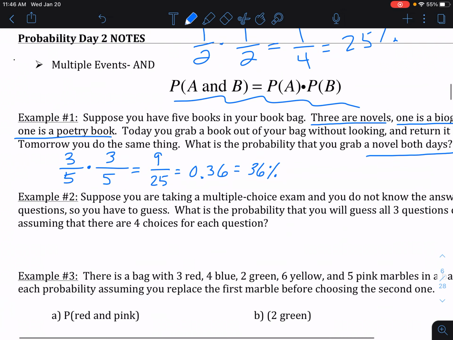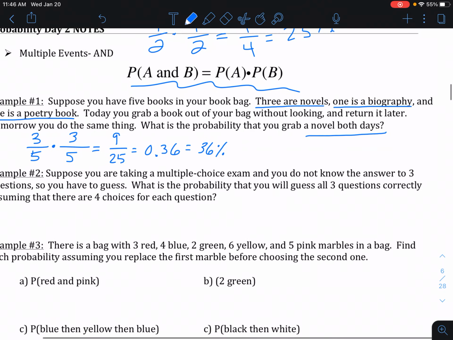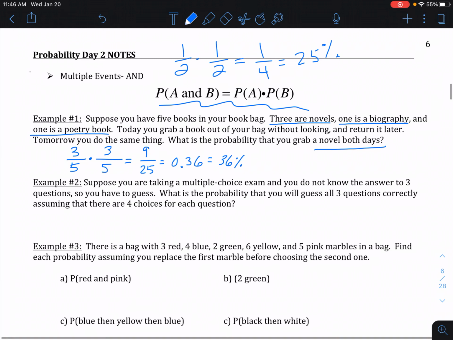Example 2, suppose you're taking a multiple choice exam and you do not know the answer to 3 questions, so you have to guess. What's the probability that you guess all 3 questions correctly, assuming there are 4 choices for each question? So you're trying to have it 3 times in a row.